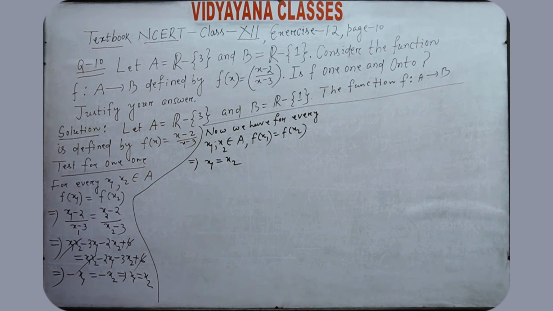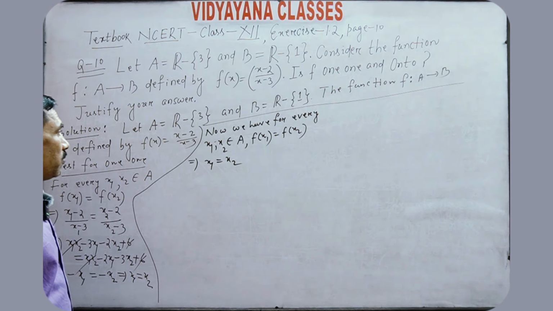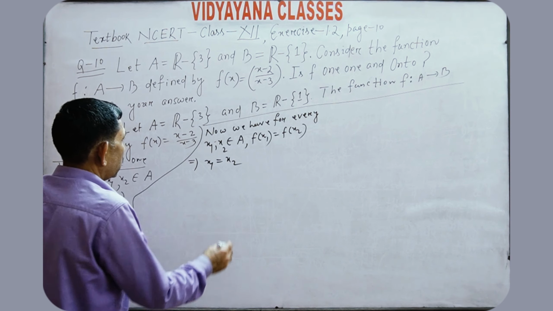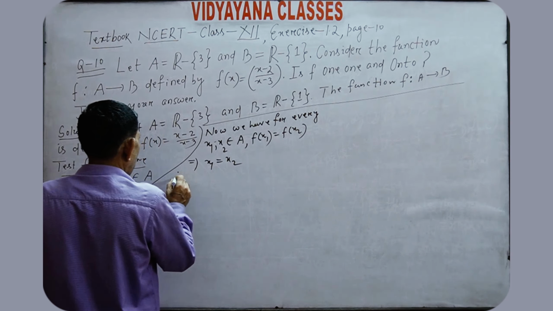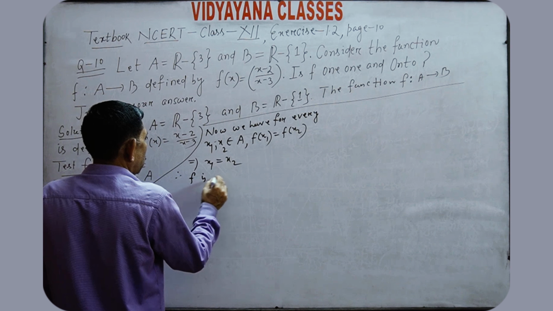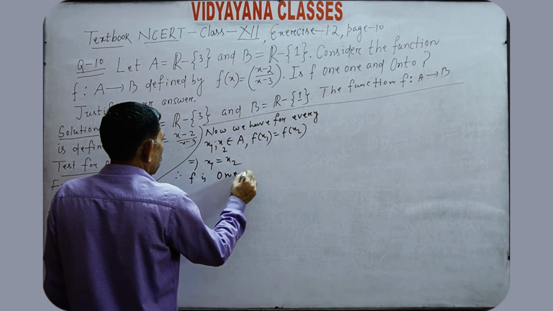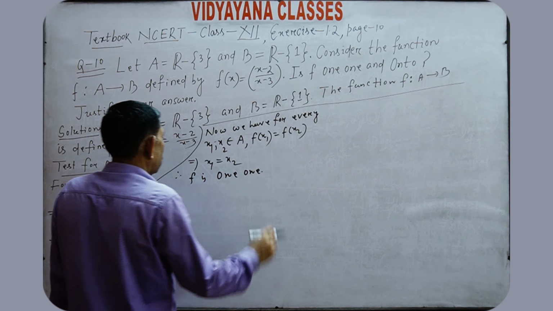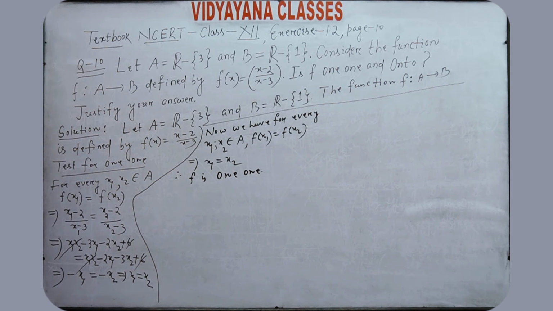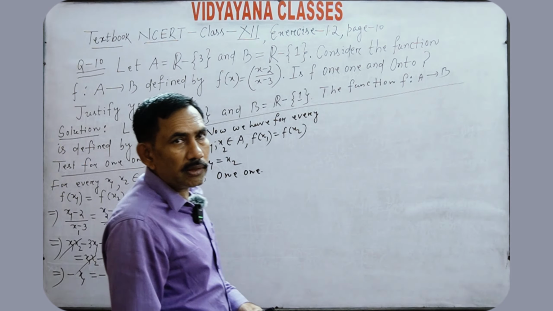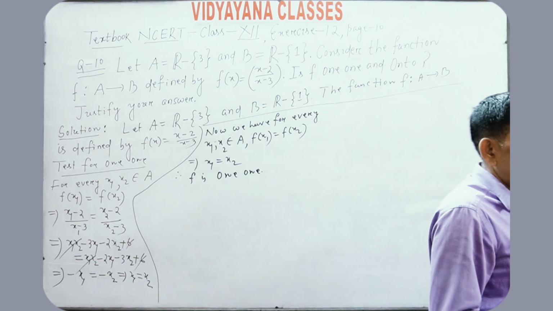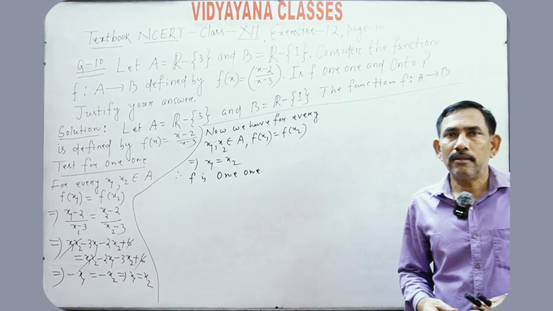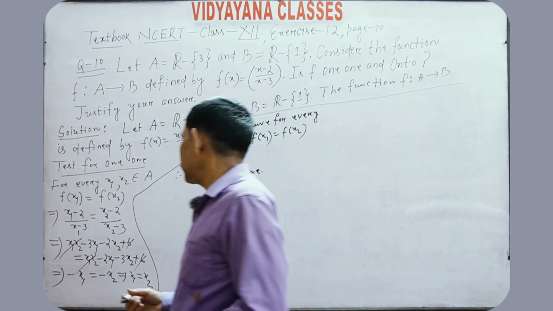It is the definition of 1-1 or injective. Therefore, f is 1-1. Clear? The function defined by this is 1-1 since it satisfies the definition of injective.